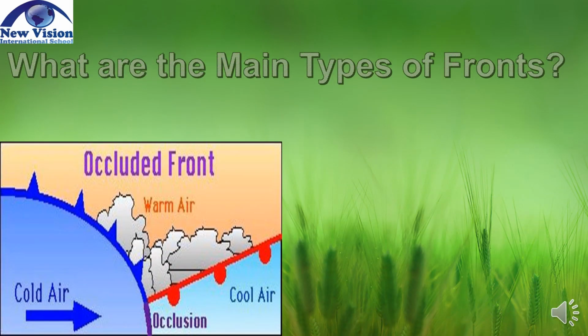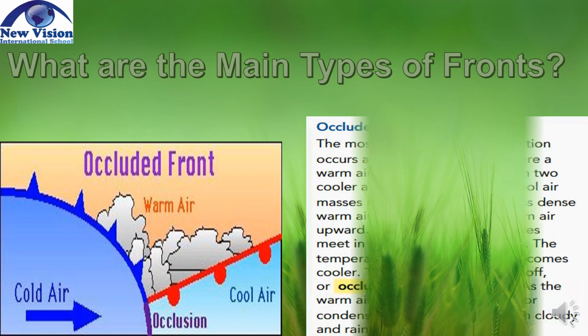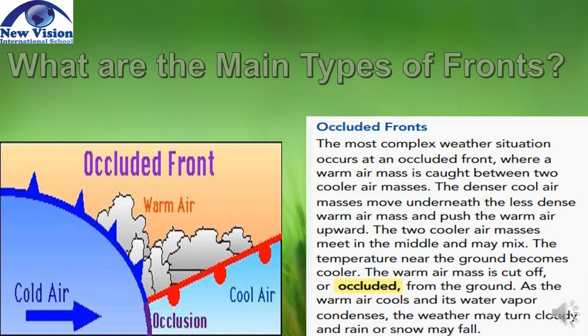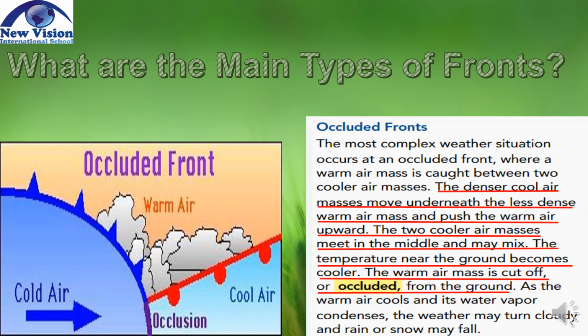The next type of front is what we call an occluded front. This is the most complex weather situation, where a warm air mass is caught between two cooler air masses. The denser cool air masses move underneath the less dense warm air mass and push the warm air upward.